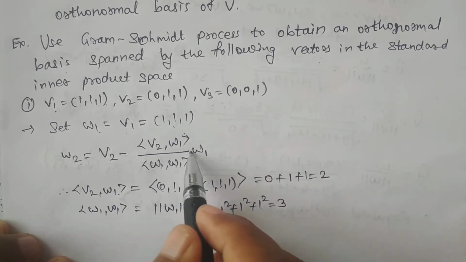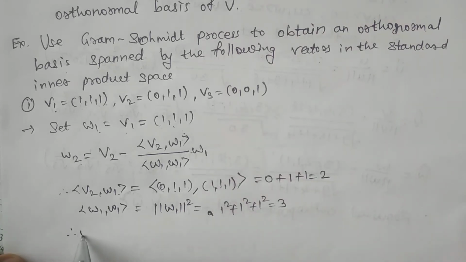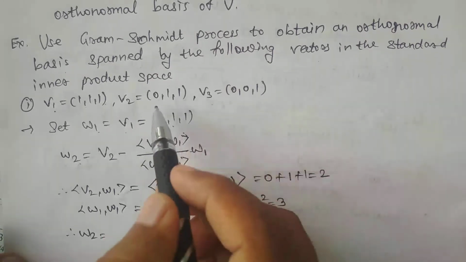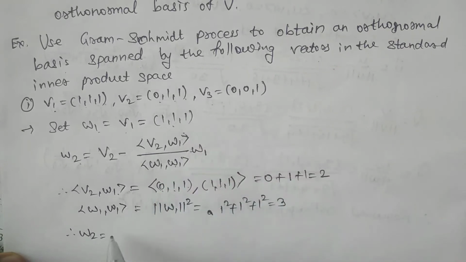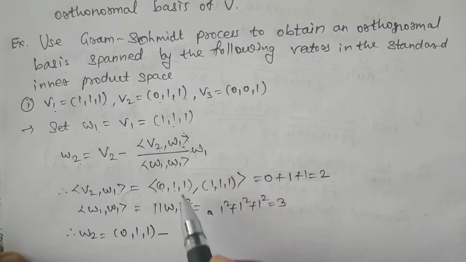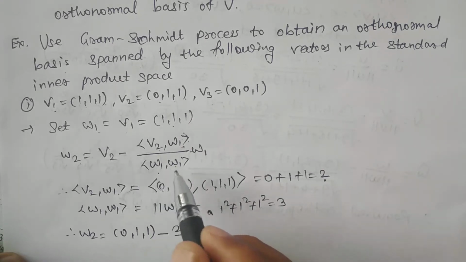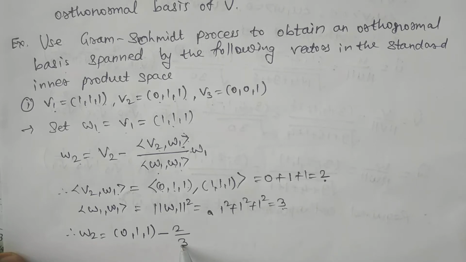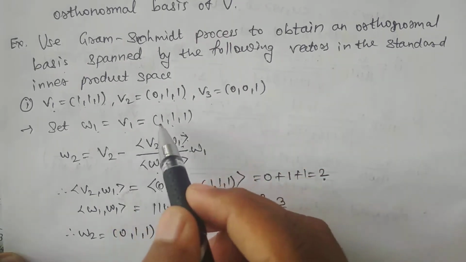Put all these values here. Therefore w2 equals v2, which is (0, 1, 1), minus the inner product of v2 and w1, which is 2, upon the inner product of w1 and w1, which is 3, into w1. The value of w1 is (1, 1, 1).